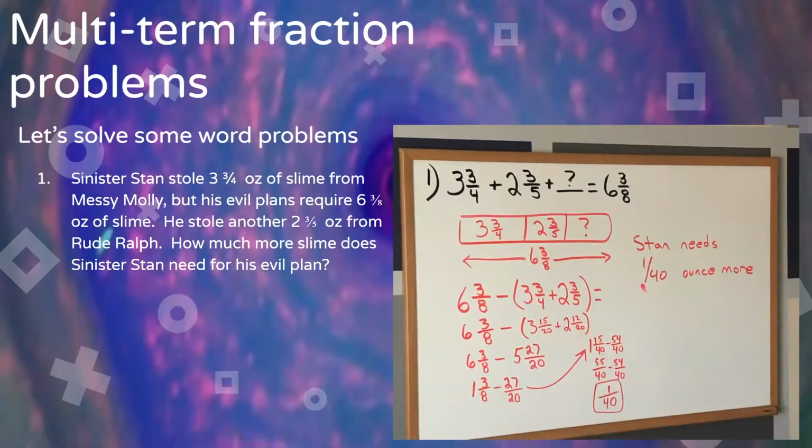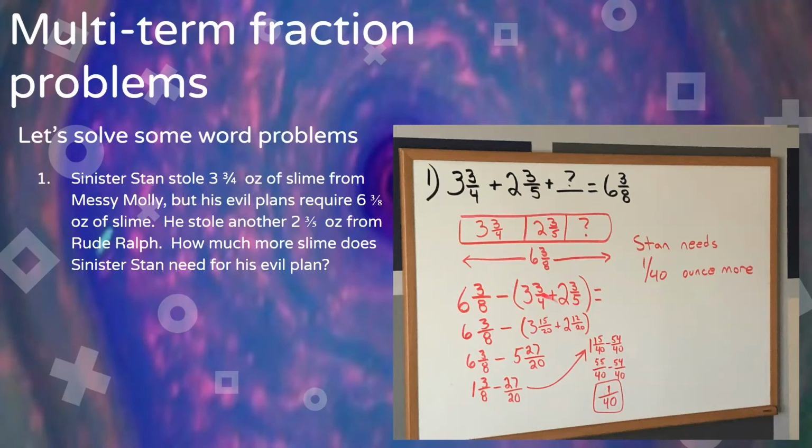Now, in this first problem, I thought it was okay to draw a tape diagram because what do we know? We know 3 3/4 and 2 3/5 are part of our whole of 6 3/8.